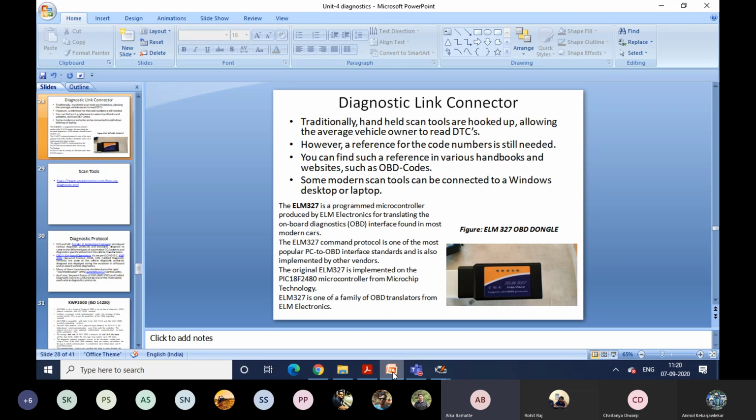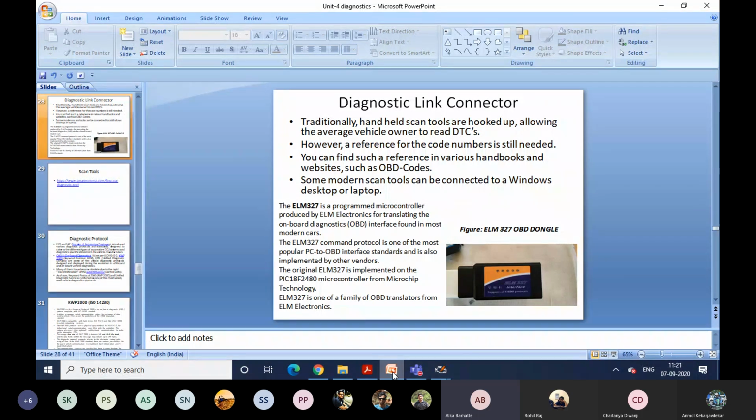Basically, OBD1 represents the fault codes related to your engine system. With OBD2, along with the engine system, all other components can be taken care of. It's an enhanced, latest version of onboard diagnostics.